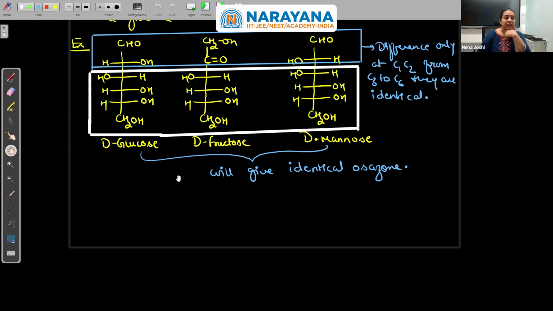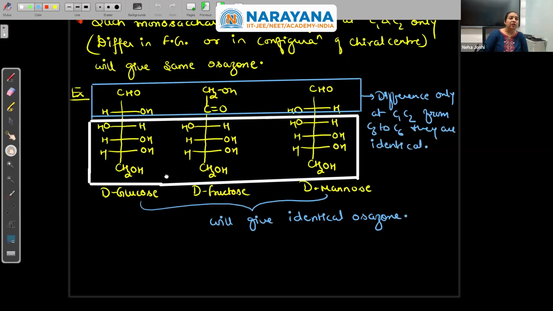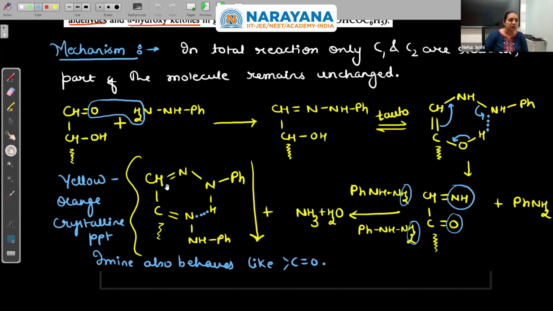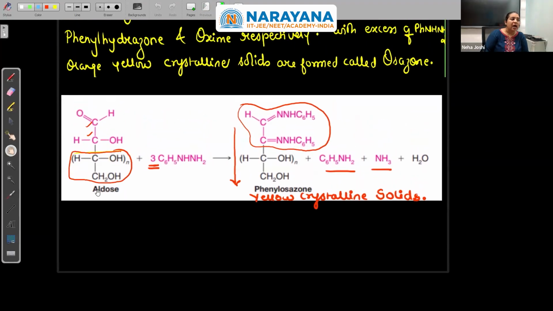If they are identical, they will have the same melting point, boiling point, and all those properties. So you may be asked which of the following will give osazones with identical melting point, identical boiling point, indirectly, instead of asking about the same osazone. The question can be reframed in terms of their properties also. This is also one of the important reactions that you should know.